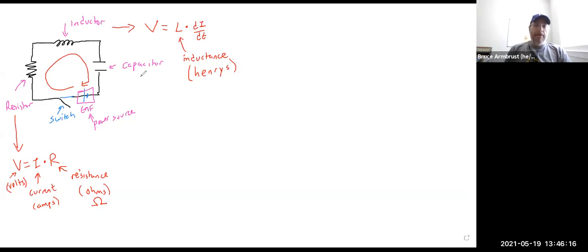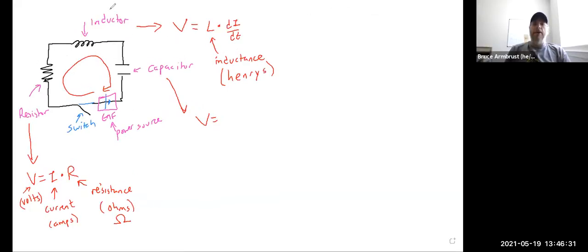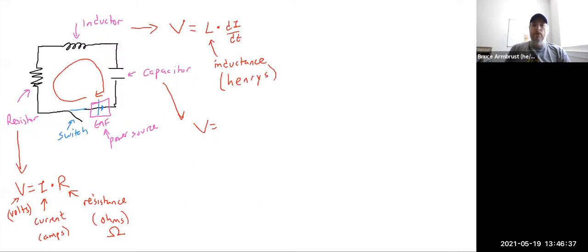And then how about for the capacitor? I know you must have talked about those. Does anybody remember how much voltage drop there is on a capacitor? It depends on what kind of capacitor.